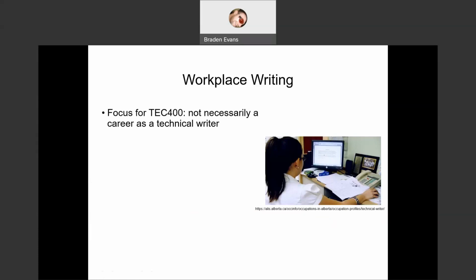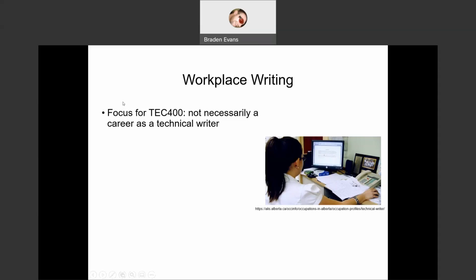Now we're going to focus on workplace writing: how to be an effective communicator in the workplace. But we're not here to turn you all into technical writers. That's not the goal here. It's not that you become a technical writer, but rather that you become proficient in communicating in your own world that is technical. Many of you are engineering students, environmental tech, maybe fire, aviation, something like that, in a technical field.